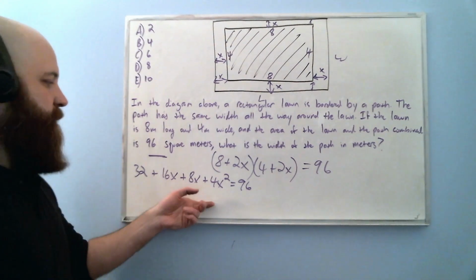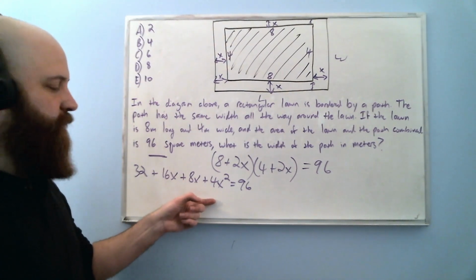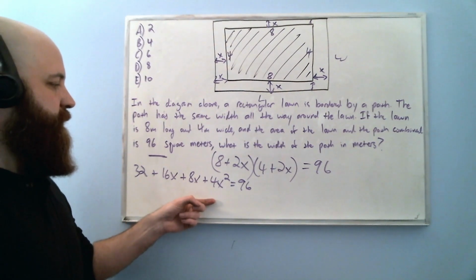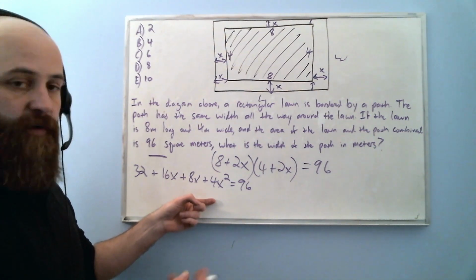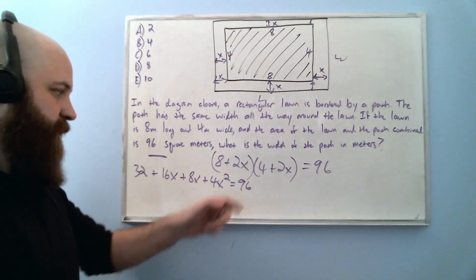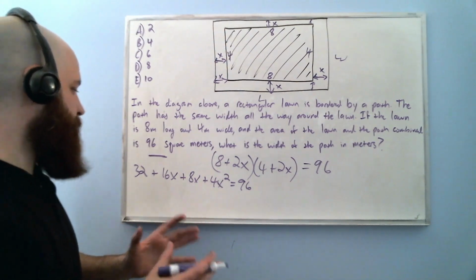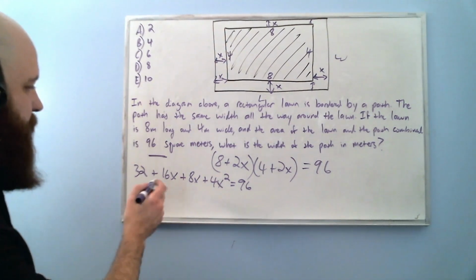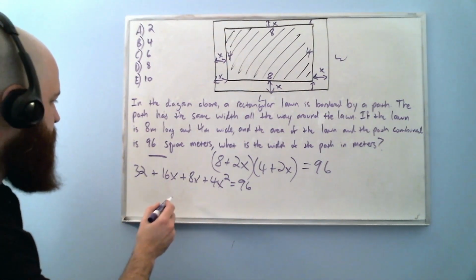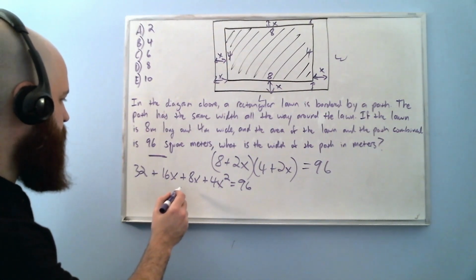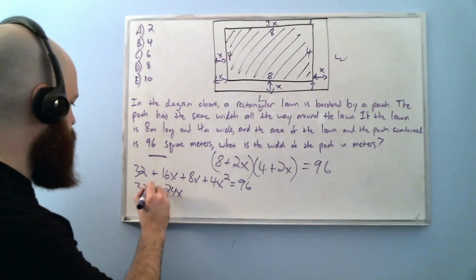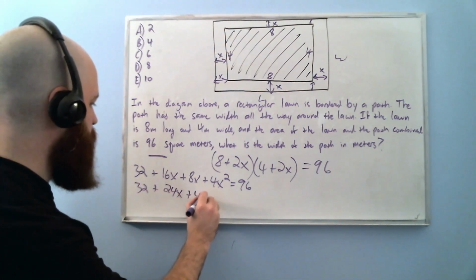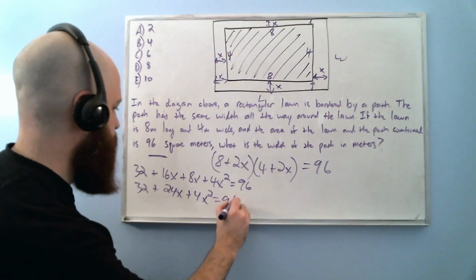These aren't the most horrendous numbers I've ever seen, but I don't love them, so I'm going to be extra careful with each step, as I am for any calculation, to make sure I don't make a careless error. I know it's going to be very easy to do, so I'm going to double check everything. Can I combine like terms here? Yes, 16x plus 8x is 24x. And then I've got 32 plus 24x plus 4x squared equals 96.